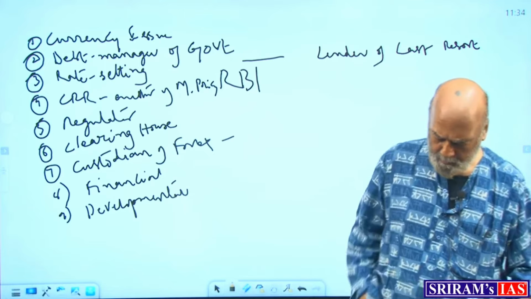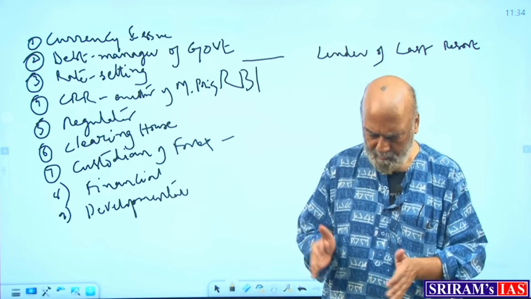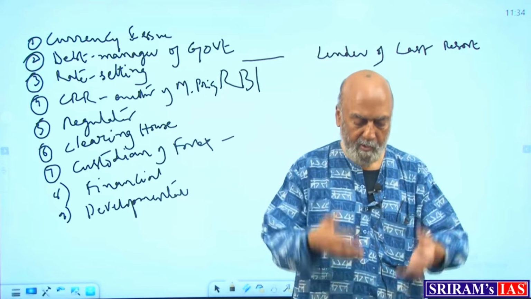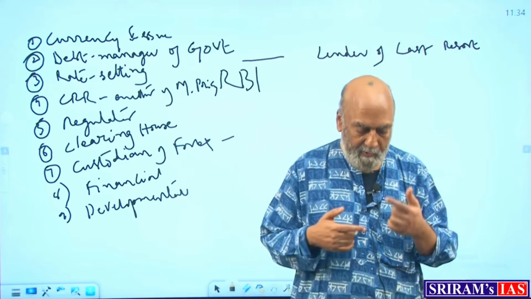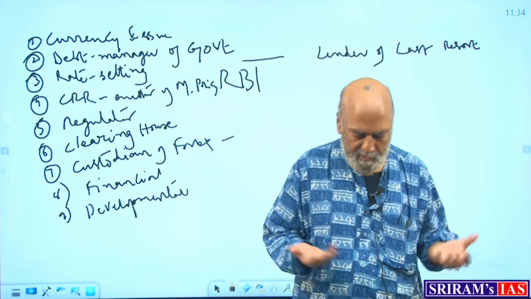So, you picked up the rupee, bought the rupee, sold the dollar. You're in a swap. Take this dollar, give me the rupee. Stabilize the rupee. Will I buy the dollar back? Yeah, I will. That is swap.